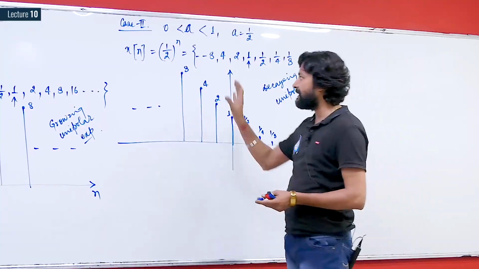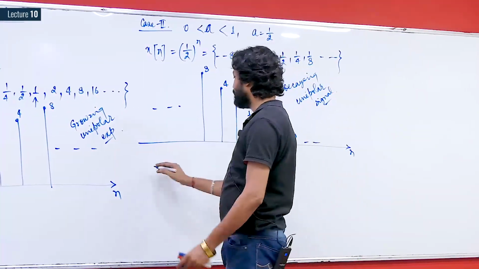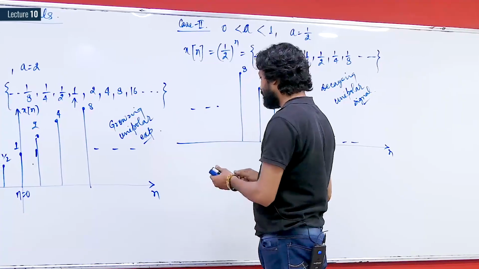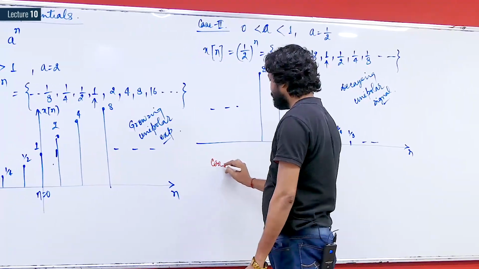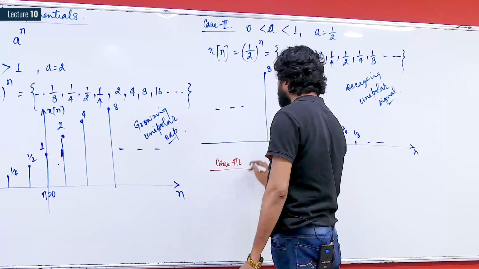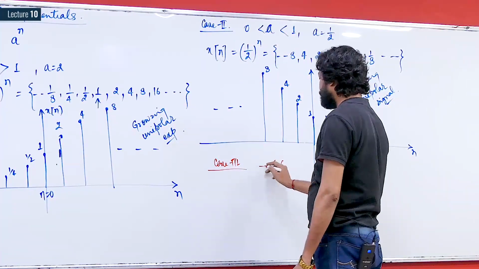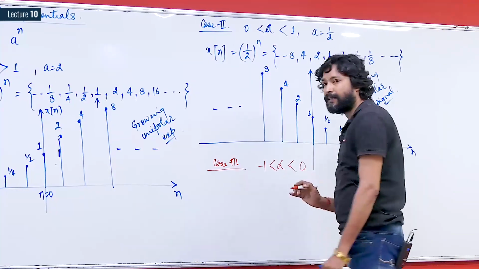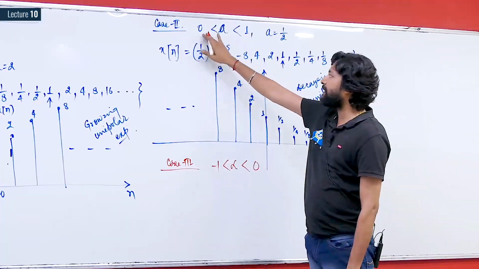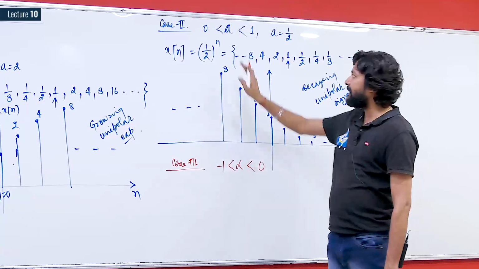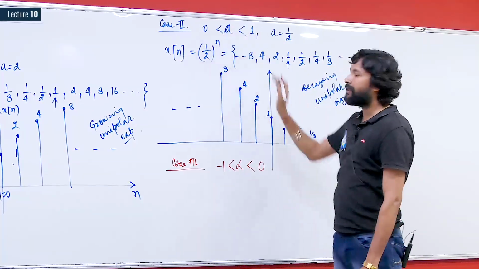Having taken the second case, now let us take case 3, where alpha is greater than minus 1 but less than 0. Earlier we took the values of alpha to be positive, between 0 and 1.